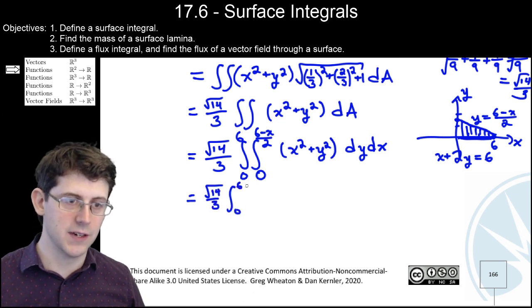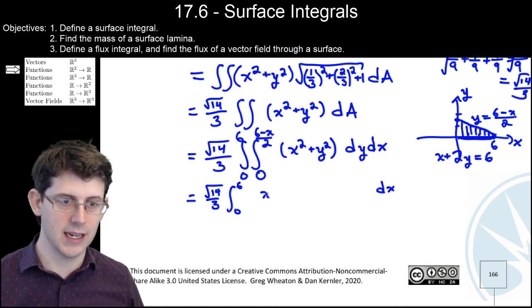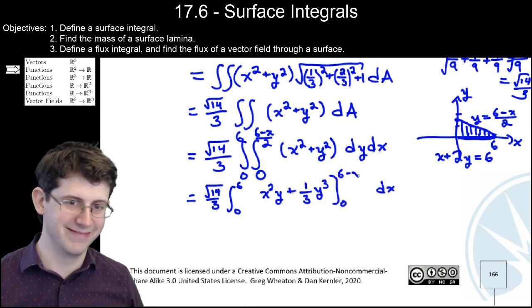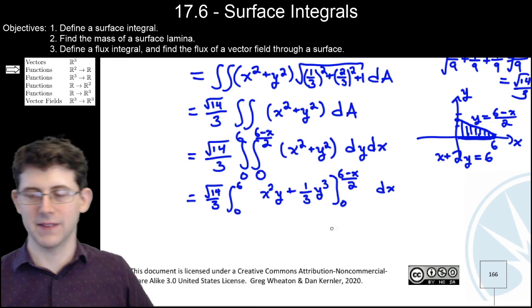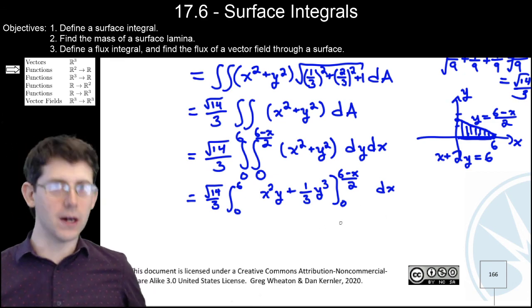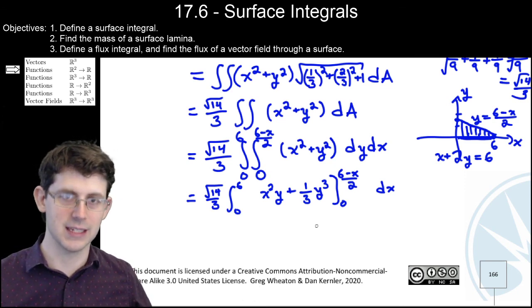Outer integral waits for us to be done. Inner integral is a y integral, so I get x squared y plus a third y cubed from 0 to (6 minus x) over 2. I feel like I made a strategic mistake, not like it's wrong, but I don't like having to plug this in for y.